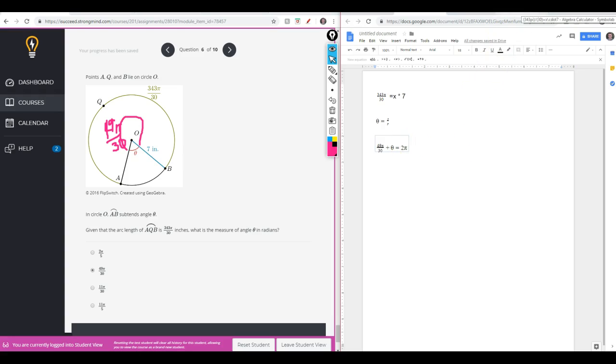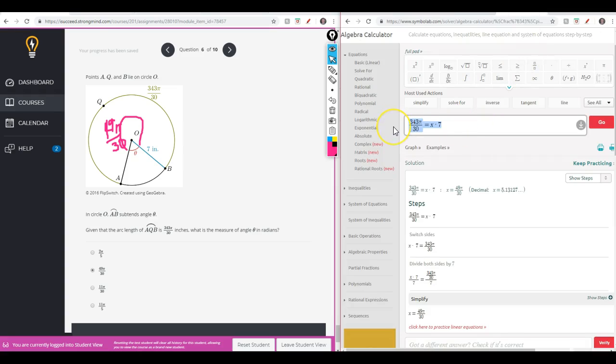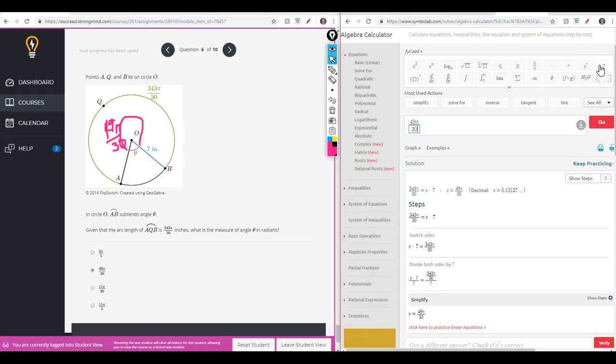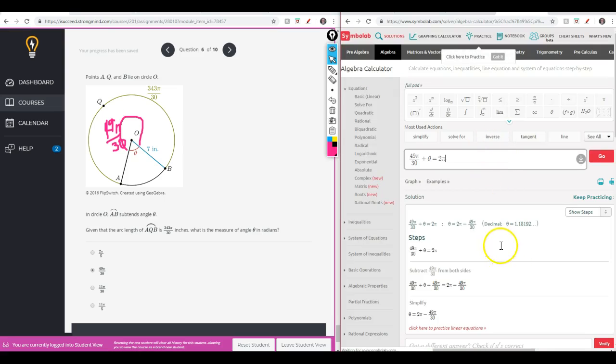Again, I would jump over to the symbol lab and type this in: 49 pi 30ths plus x, which I'm using to represent the angle instead of theta, though you could use theta, equals 2 pi. So theta is equal to 2 pi minus 49 pi 30ths.